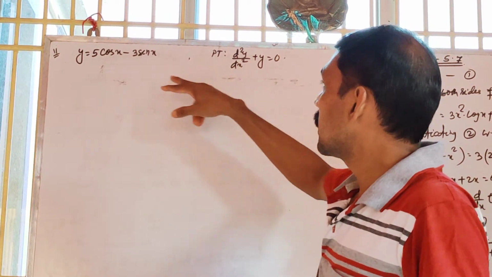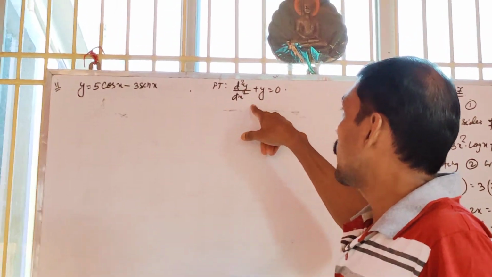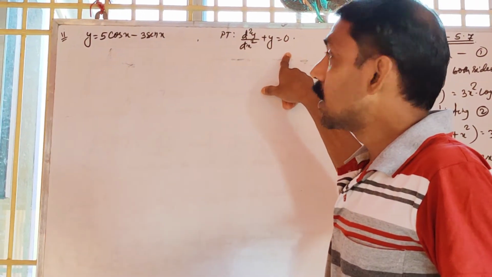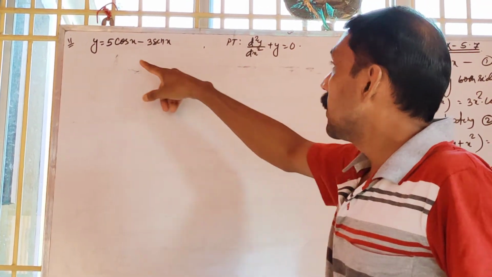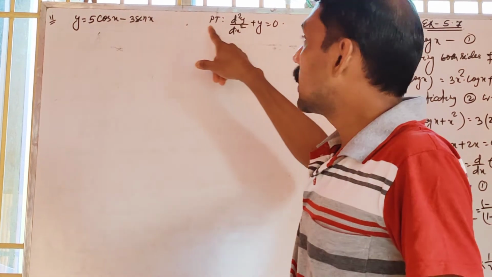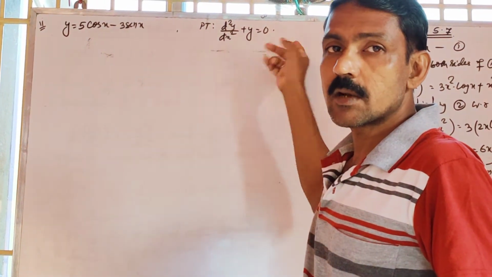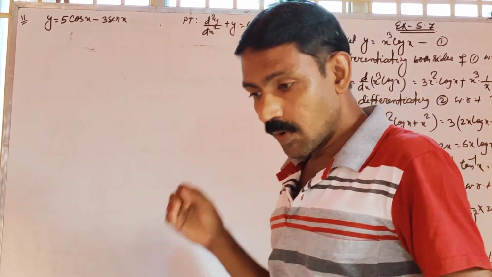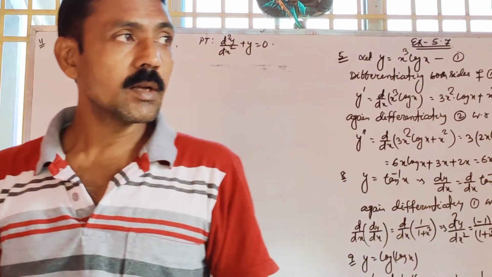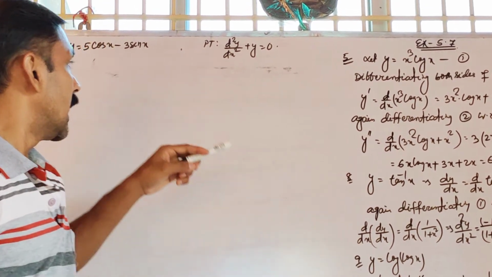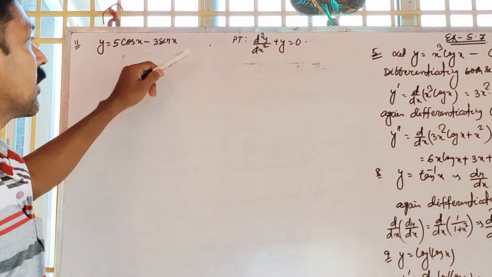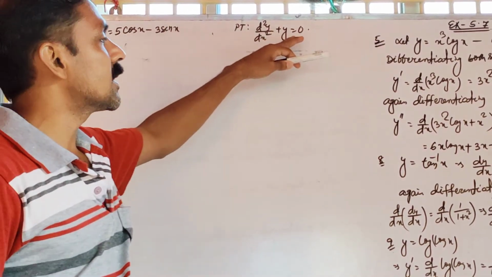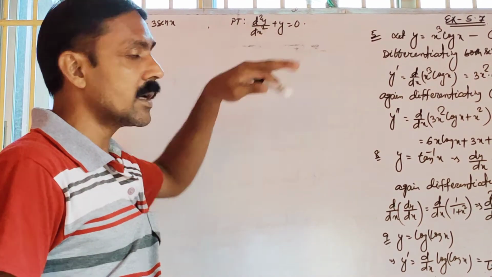I mean here y is given and you have to prove y plus d2y by dx square is equal to 0. So you will find dy by dx, then d2y by dx square, and then add and check whether the answer is 0 or not. That is the direct method, for beginners, but that will be lengthy. And another method is, after simplification, in some cases, not in all, you can get the answer directly.